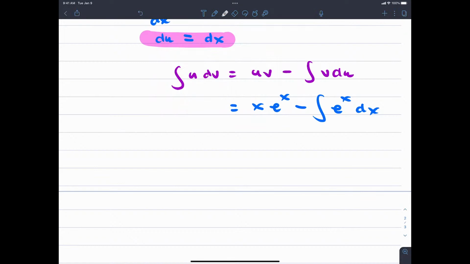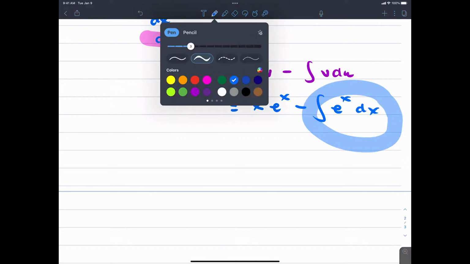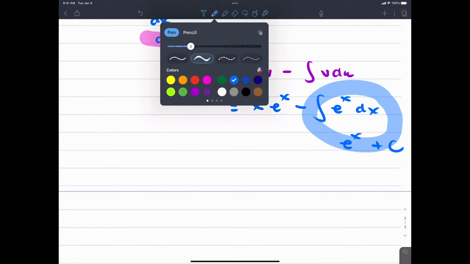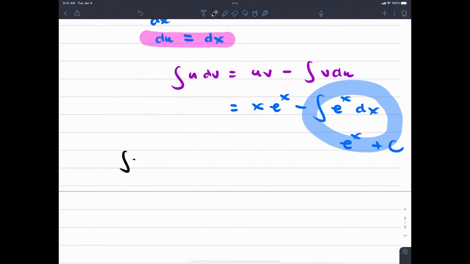Okay, so now you might say, what do I do now? I integrate e to the x. Do you guys know what the integral of e to the x is? What's that going to be? And you could say it's e to the x plus c. Now we have our c. So ladies and gentlemen, here's the deal. You can integrate x e to the x dx, and that's going to be x e to the x minus e to the x plus c.